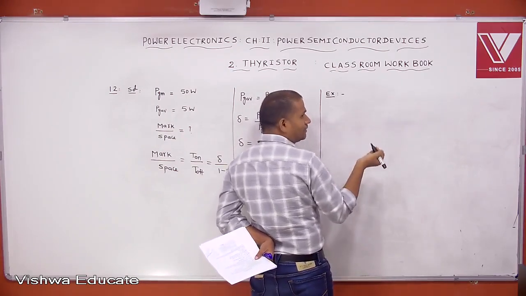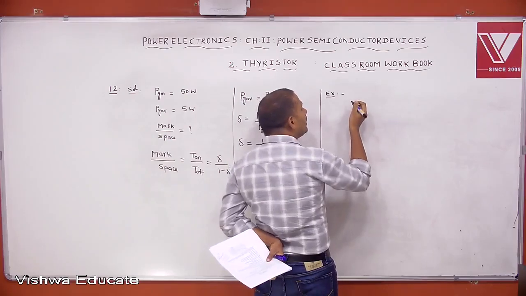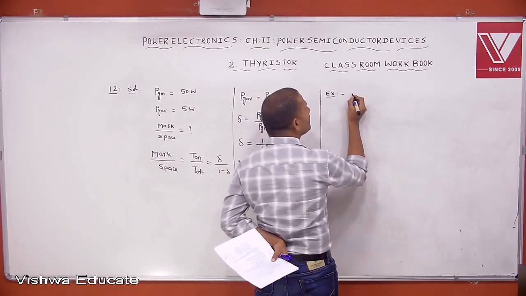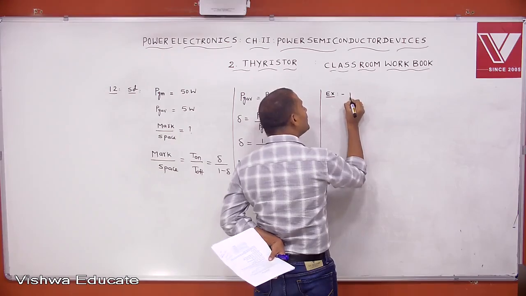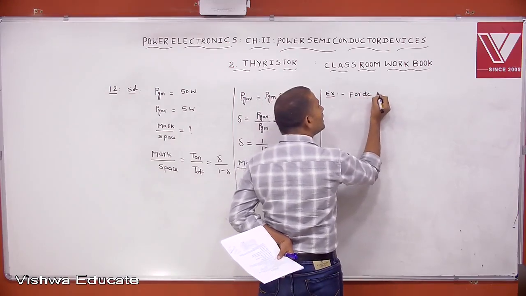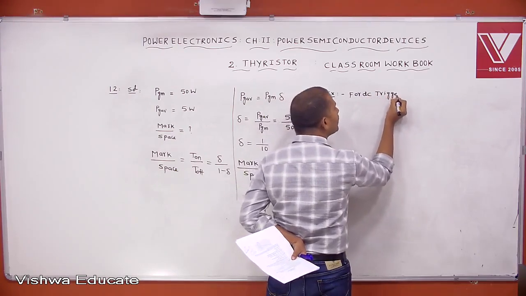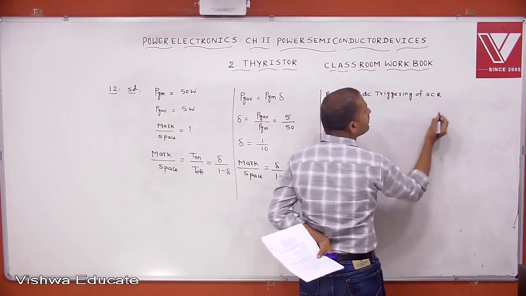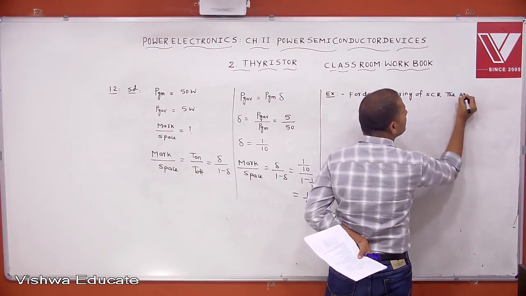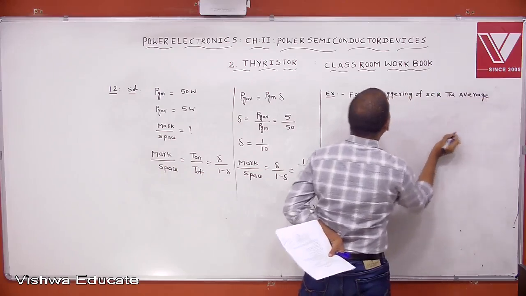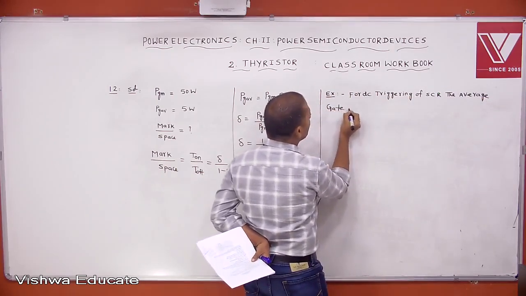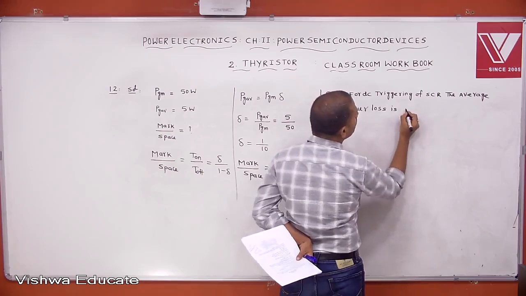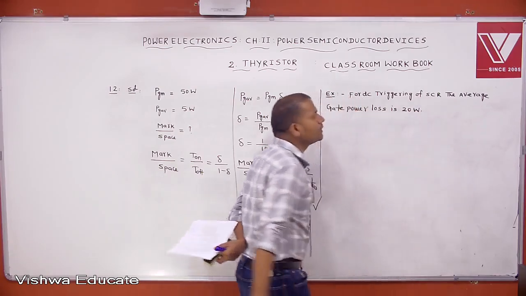For DC triggering of SCR, remember this as a note: for DC triggering of SCR, the average gate power loss is 20 watts.